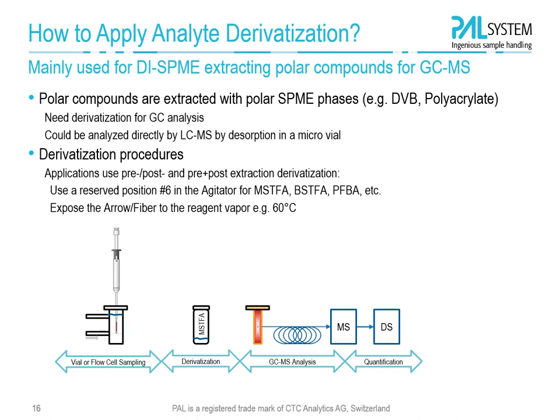Polar compounds we extract with SPME often need a derivatization for GC-MS analysis. This is mostly true for the direct immersion analysis if it is not followed by an LC-MS analysis. For derivatization, we need an extra vial with a derivatization agent.